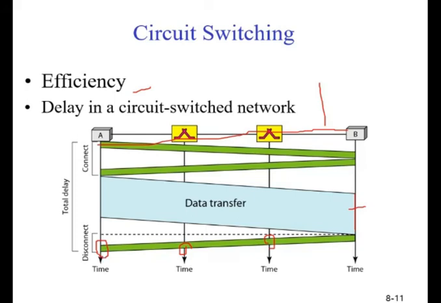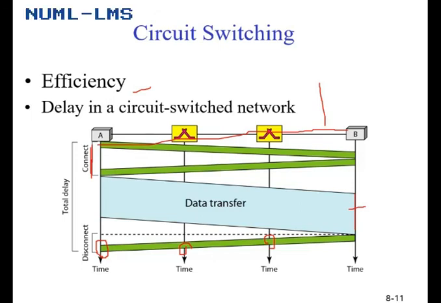So this figure shows that there is no waiting time at each switch. The total delay is due to the time needed to create the connection, transfer the data, and disconnect the circuit.